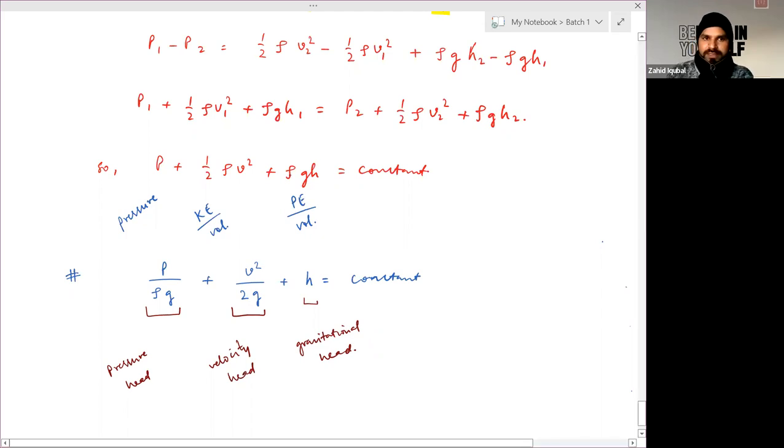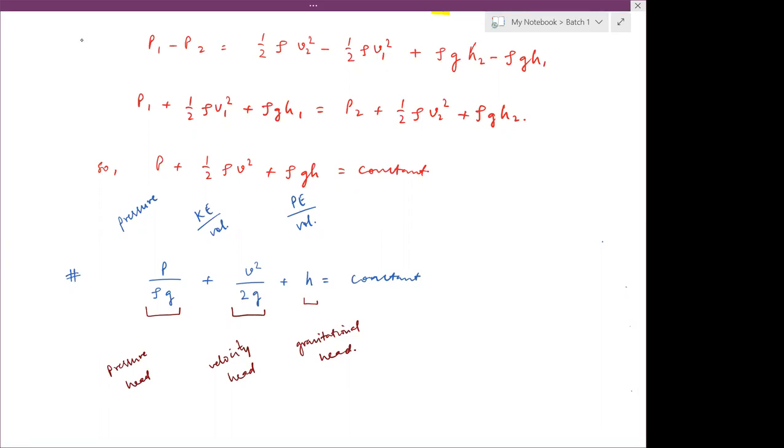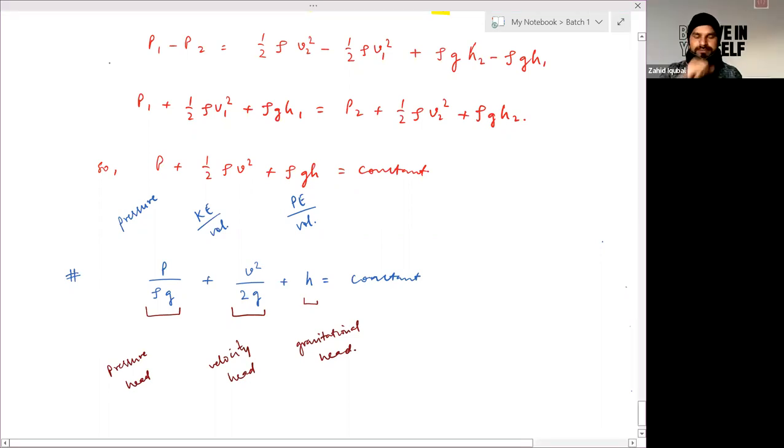Why I've divided this entire term by rho g: since rho is the density of the liquid, it should be constant, and g is gravity, which is also constant. So only these two factors are constant in this entire expression, so I divided each part by them. Hamza, any doubt? No, sir. Just write it down.